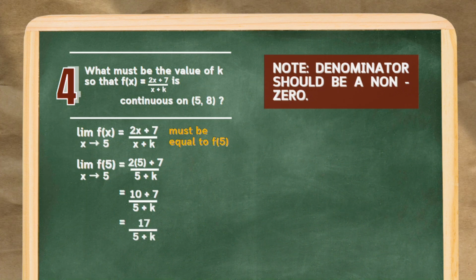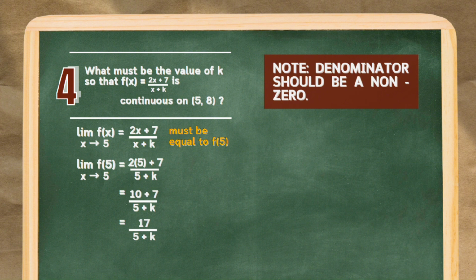This time, the numerator will not be considered because for the limit to exist, the numerator and denominator must not approach 0 simultaneously. However, in this case, the numerator and denominator are both non-zero constants. So, the limit exists for all values of k, including negative 5, negative 8.